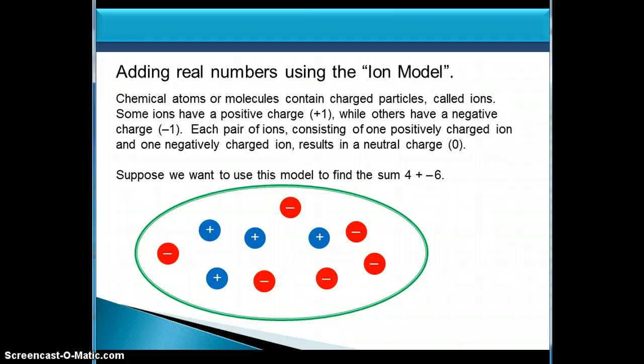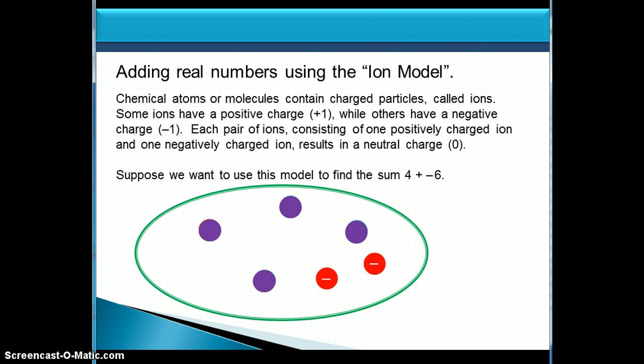Now we're going to use the fact that each pair that consists of one positive and one negative results in a neutral charge. So if we combine this negative and positive, that becomes neutral. This positive and negative becomes neutral. And this pair becomes neutral. And this pair becomes neutral.